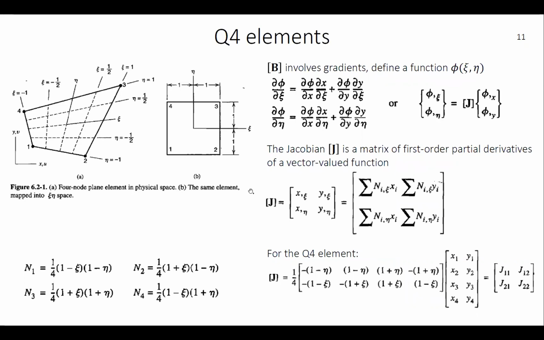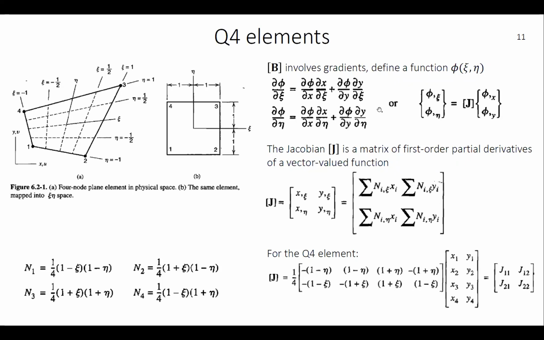So the first step now is that we would like to calculate the B matrix, the strain displacement matrix. And now in 2 dimensions, it involves gradients. So let us define a function phi, which is a function of the mapped coordinates xi and eta. And the derivative of phi with respect to xi can be described as the partial phi over partial x times partial x over partial xi, plus partial phi over partial y times partial y over partial xi.